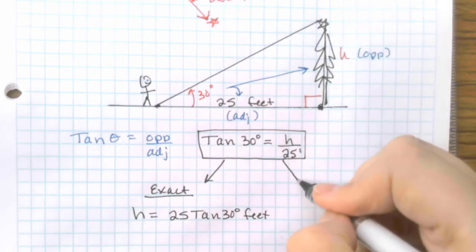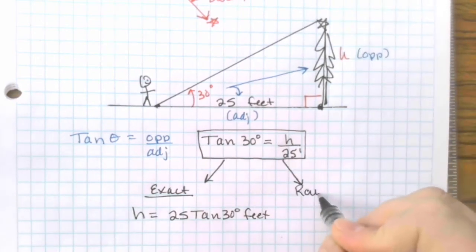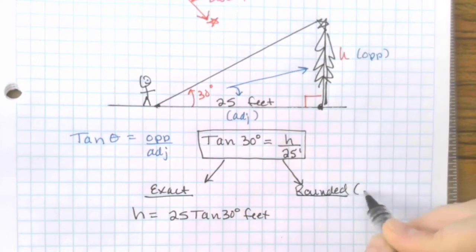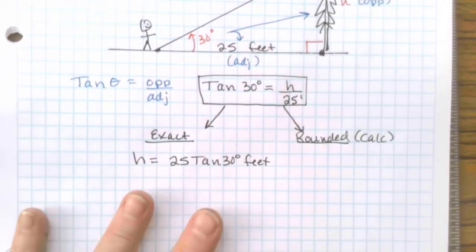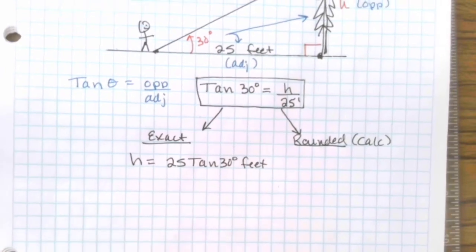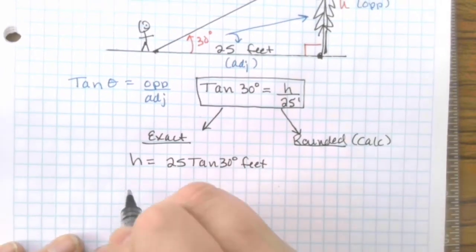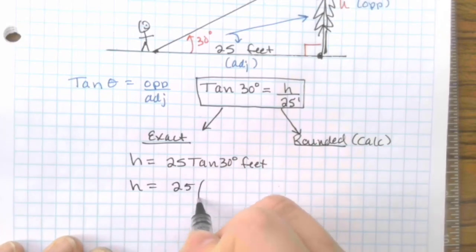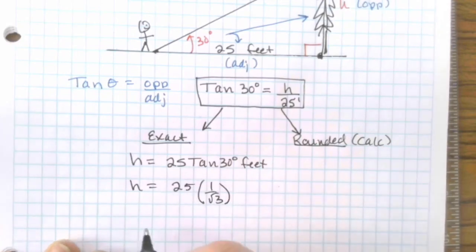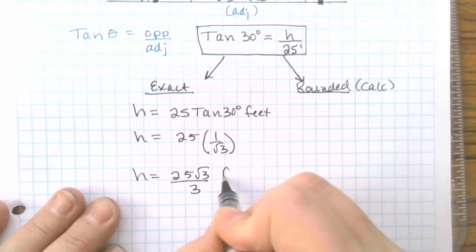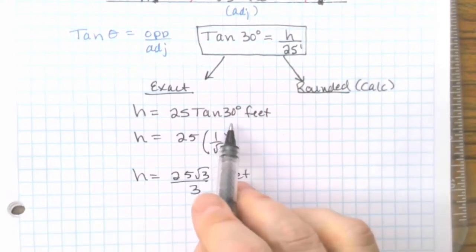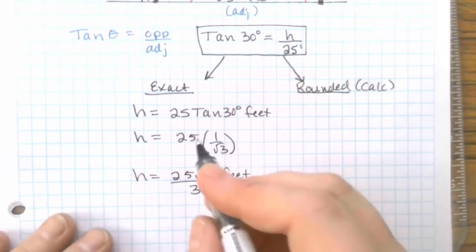If you're looking for a rounded answer, then you need to use your calculator or your memorized angles. So this is exact. I guess this should go one more step. Tangent of 30 degrees is 1 over radical 3. So 25 times 1 over radical 3. Your height ends up being 25 radical 3 over 3 feet. Yes, that's better. If it's an angle you know, then yes, sub it in and get your answer.